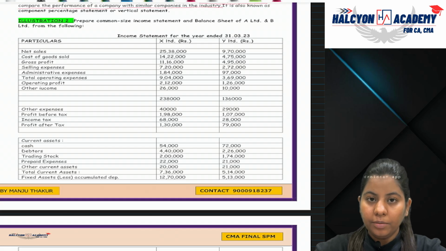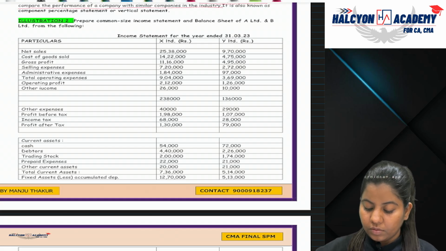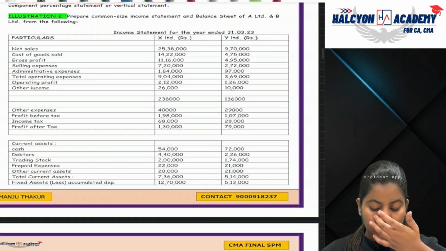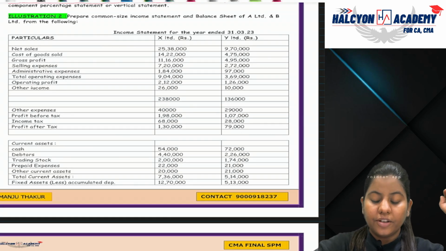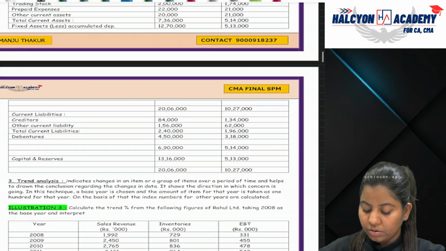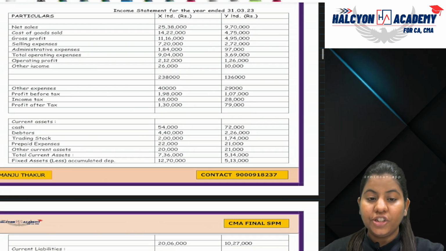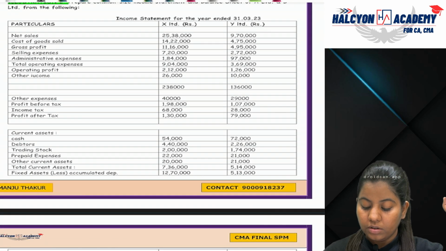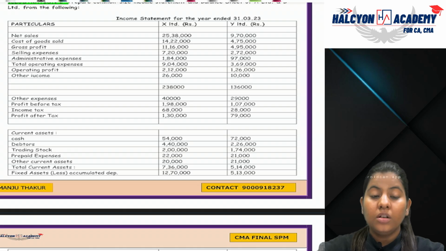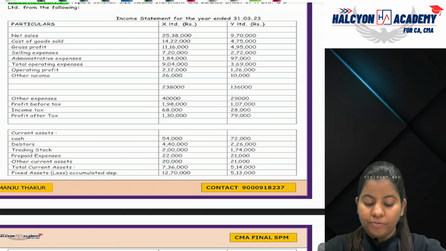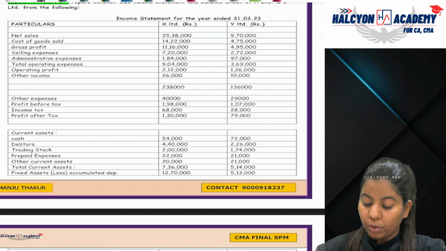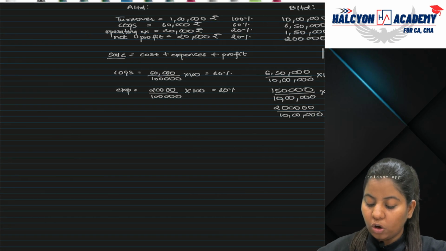The income statement is given in one table, and the balance sheet items are given in the other. Okay. So what do we have to do now? Let's solve this.